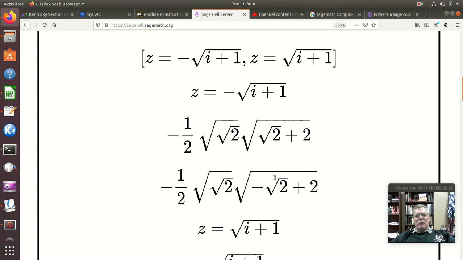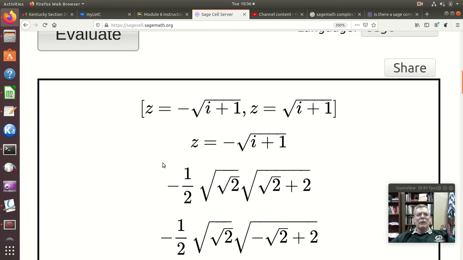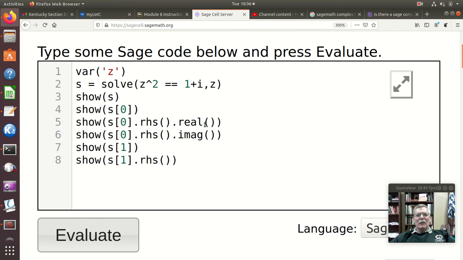Now, we can do a little bit more with this. We could try saying simplify, because I got the square root of the square root of 2 and so forth. Let's see if that gets us anywhere. And so I'll just say simplify, and again, it's a function, so I toss in the parentheses at the end.